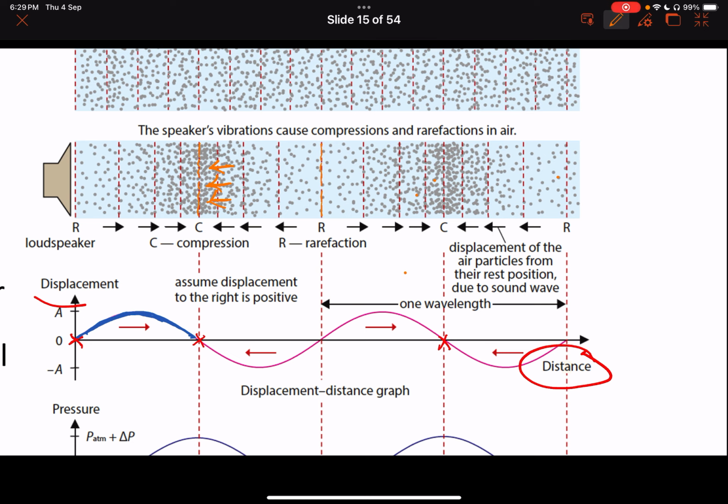Same thing for the left side of the rarefaction, it is also traveling away from that region. That's why there's a rarefaction now, because particles are trying to get away from it. So in that case, it will have a negative displacement in the graph. Again, it will follow the sinusoidal curve. If we repeat this argument, you will notice that again it falls into place like your sine graph, because at different regions, the particles are behaving in a specific manner.